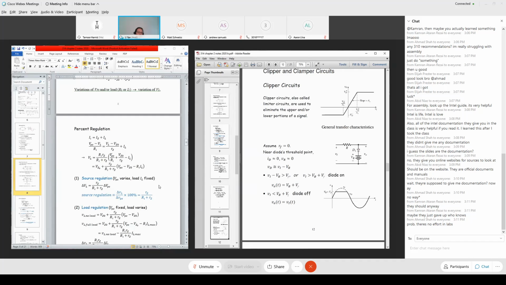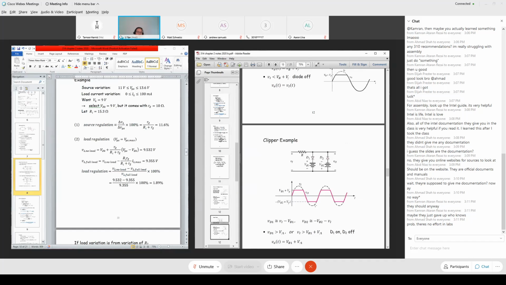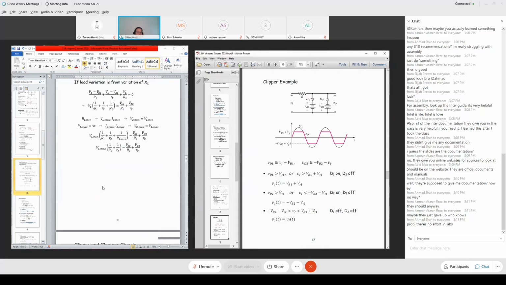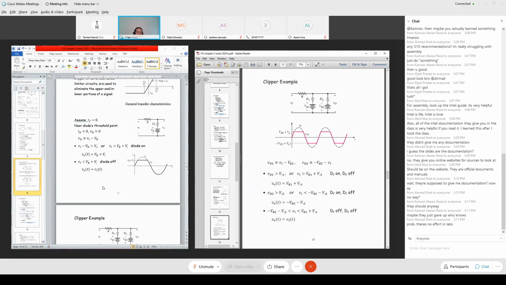Okay, let's go to the second example. Say the input source resistance R is the same, and we have two diodes and two batteries. One diode D1 and VB combination is very similar to the previous configuration, a diode and a battery voltage, and polarity-wise, direction-wise, the diode is connected exactly the same.